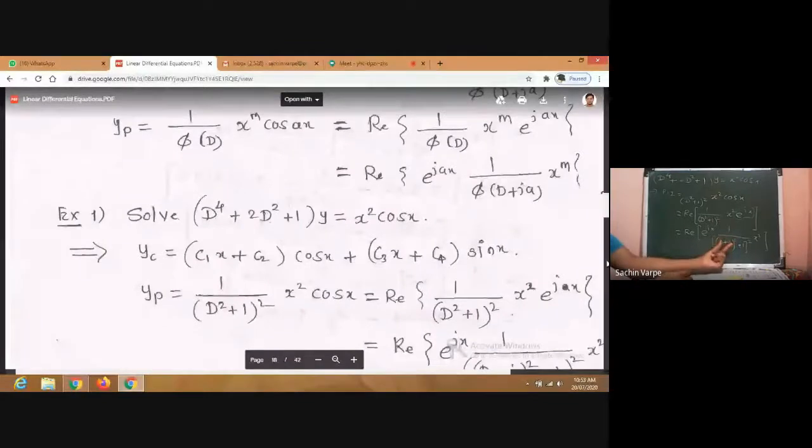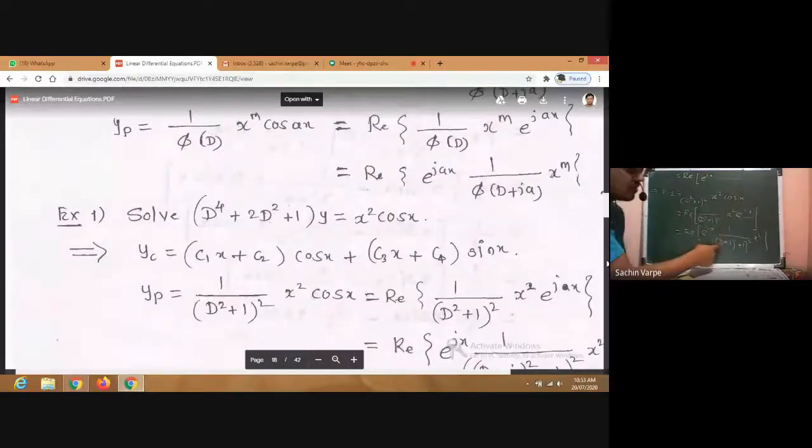Now, first of all, expand this bracket and then check what we are doing. So that is equal to, I hope everyone is trying on your own, e raised to ix into 1 upon, what is the expansion of this?